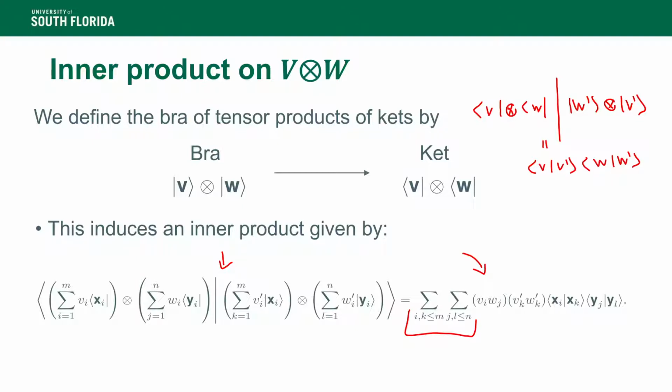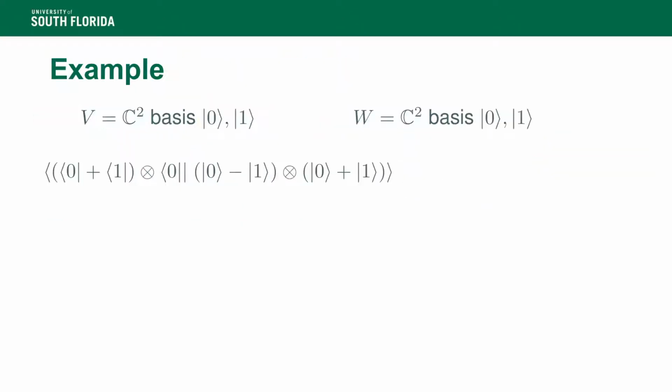This is actually a quadruple sum because we sum over i, k, j, and l. We basically need all the terms here, so all the inner products of xi by xk and all the inner products of yj by yl. So we have actually 4 indices in our sum. It's a pretty big mess.